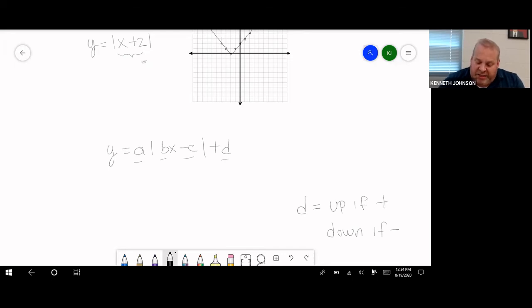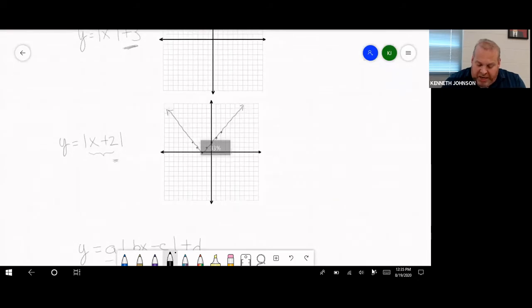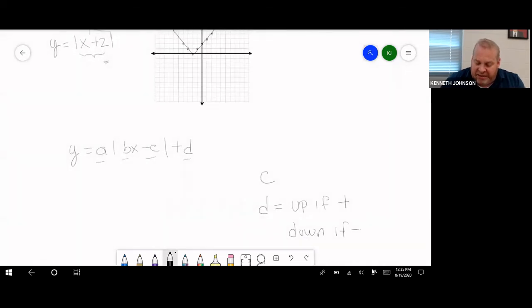And if I look at the C value, well, we had a positive. If the number is positive, it moves it to the left, and to the right if negative.